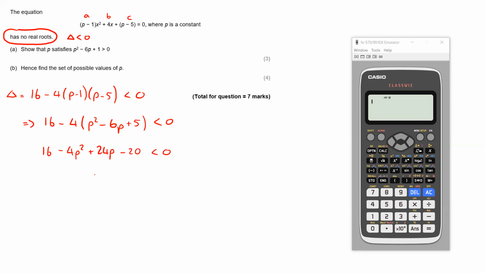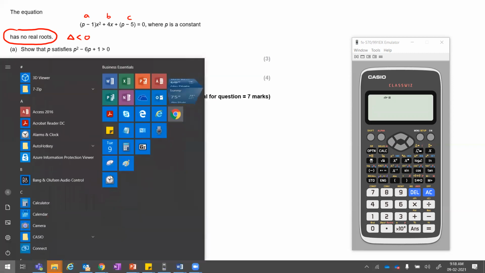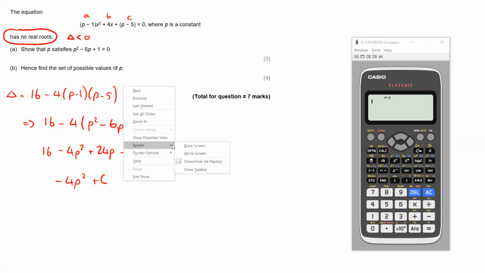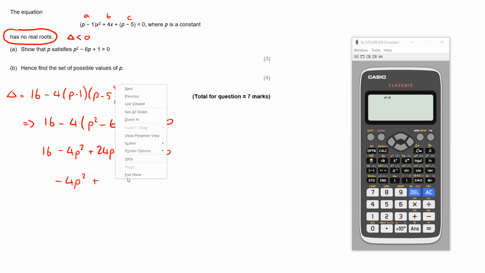So when I come to flip all this around, everything divides by 4. 16 minus 20 is minus 4. So I get minus 4P squared plus, oh, I'm almost dividing here. Don't want any of that. Apologies. Let me just find my eraser. There we go.